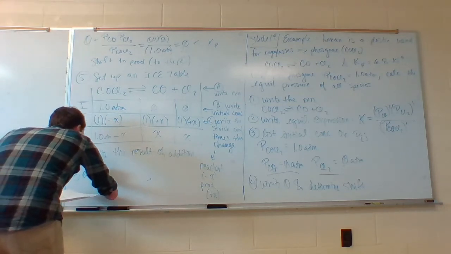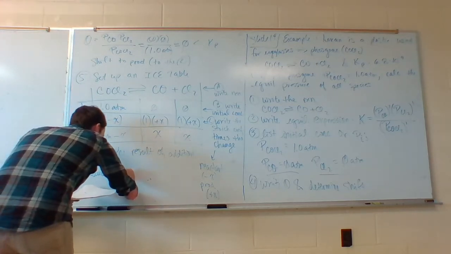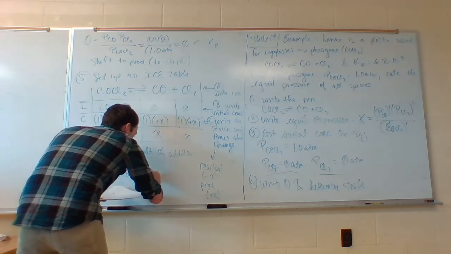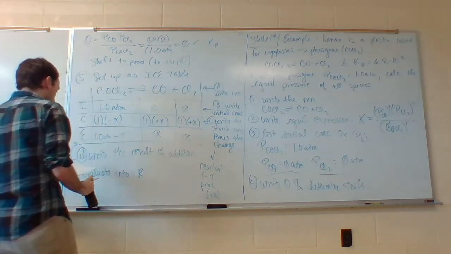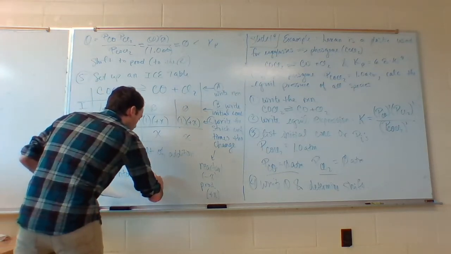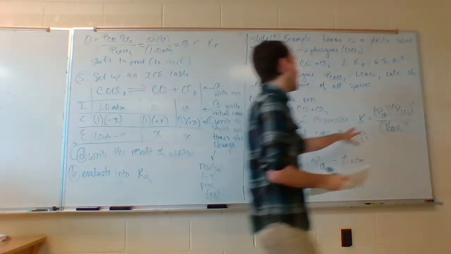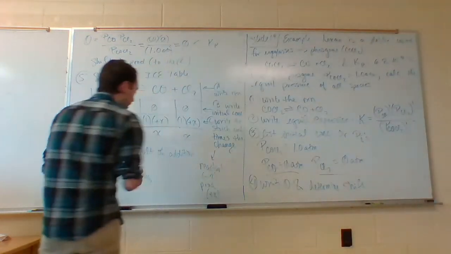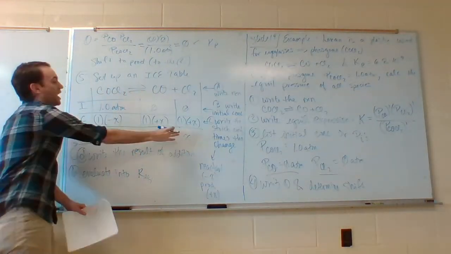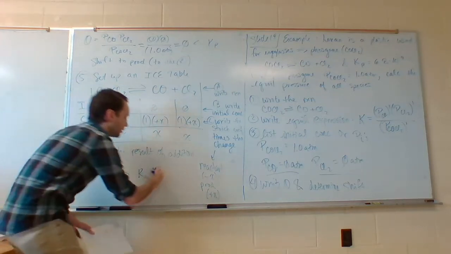Now we're going to evaluate into our K expression, right? So we know that we have this K. So we're going to write our KEQ and we're going to plug in what we have for our equilibrium. Okay?